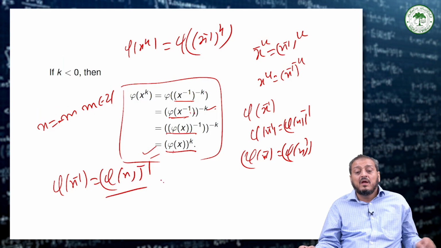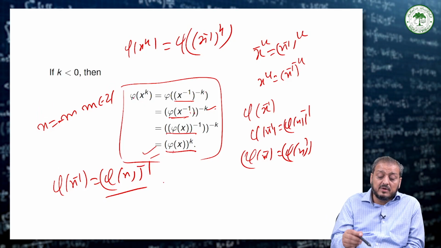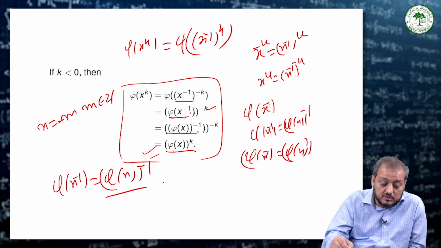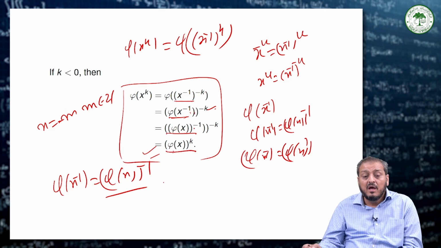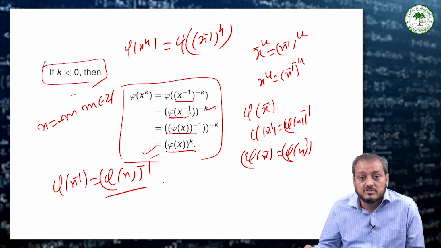By using this property, we show that phi of x to the power k is the same as phi of x whole to the power k, in the case when k is less than 0.